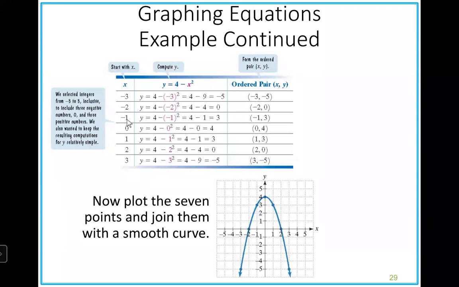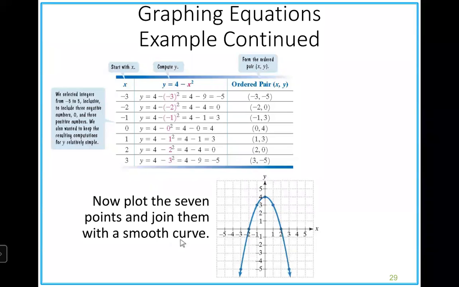So at this point, where x is -1, y would be 3. And we continue the process all the way down using 0, 1, 2, and 3. Once we get the value for y, we can form what we call the ordered pair. We usually try to choose a few. In this case, they have 7 different points.